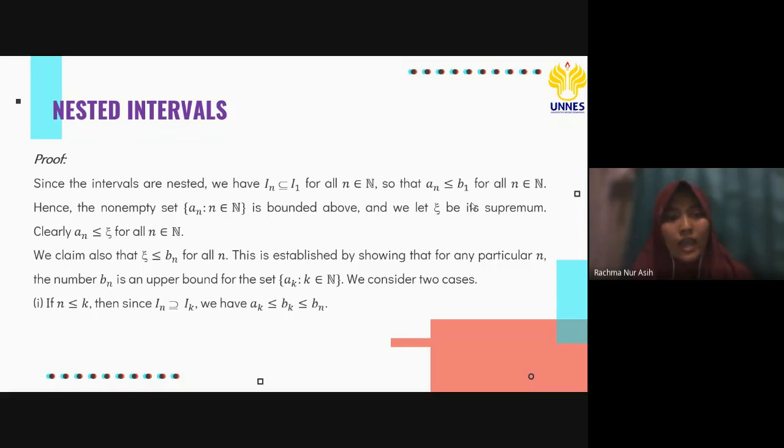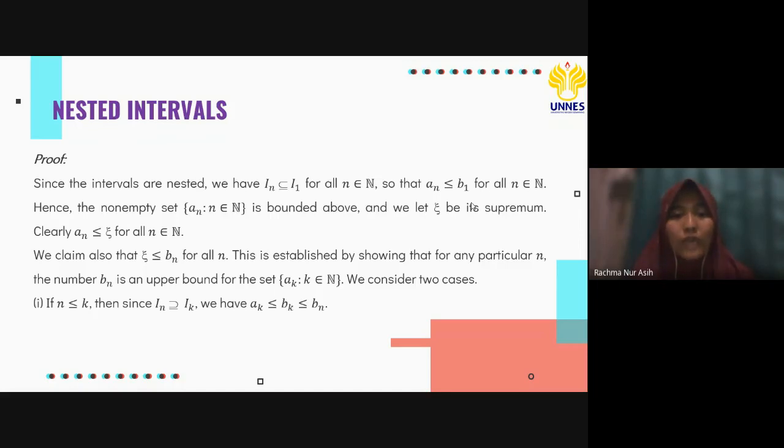Clearly, An is less than or equal to C for all n. We claim also that C is less than or equal to Bn for all n. This is established by showing that for any particular n, the number Bn is an upper bound for the set of Ak, k in the natural numbers.